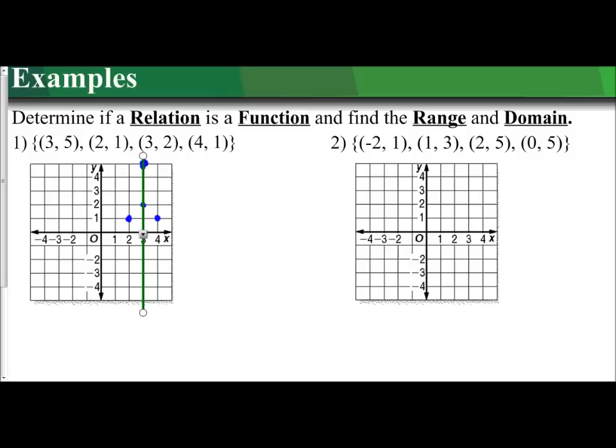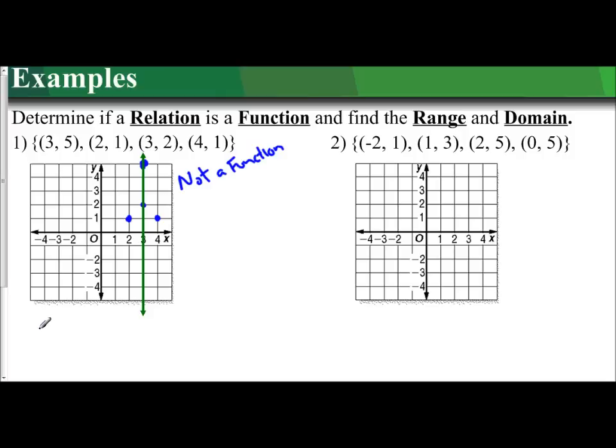So since there are two intersections when we draw a vertical line, that means this is not a function. Not a function because it intersects more than once when a vertical line is drawn through the graph.